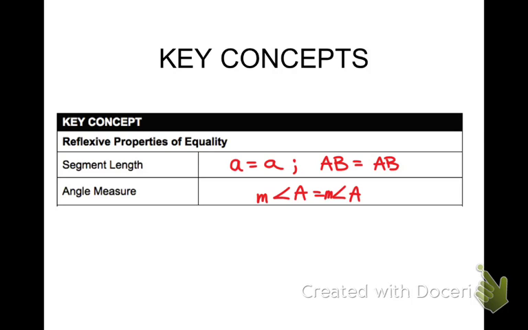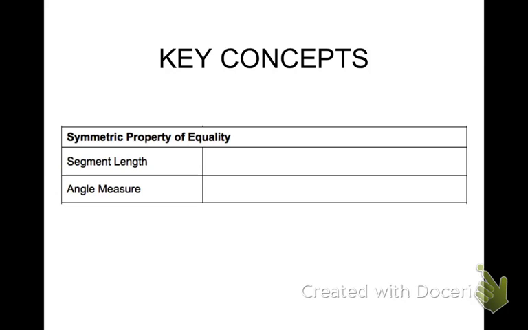Symmetric, now if you think about symmetry, lines of symmetry, right? I did that back in middle school. So the symmetric property kind of has symmetry to it. So if we had something like, we're doing segments, if AB is equal to CD, then CD is equal to AB.